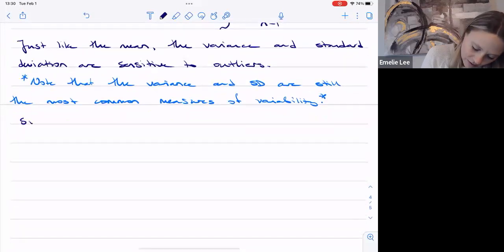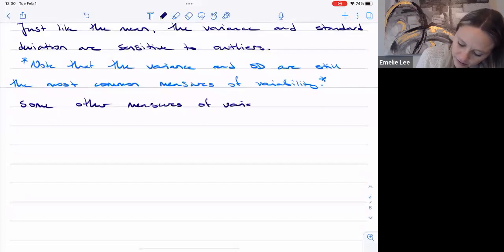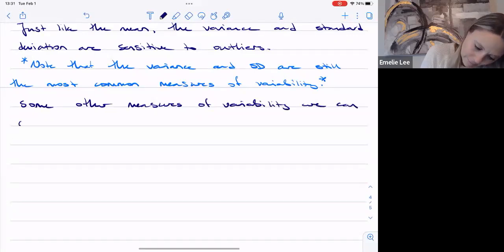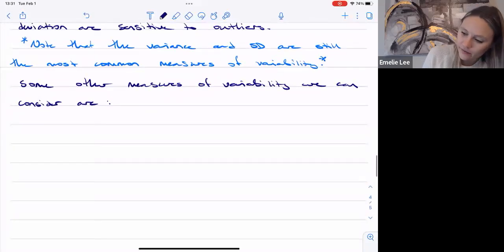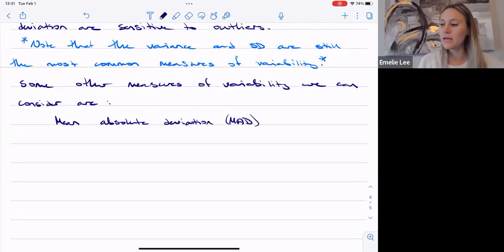And so some other measures of variability we can consider are the mean absolute deviation, which we often call the MAD.